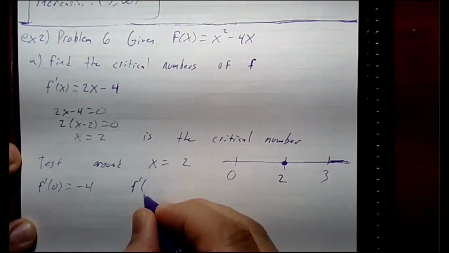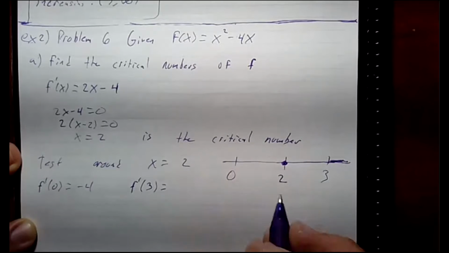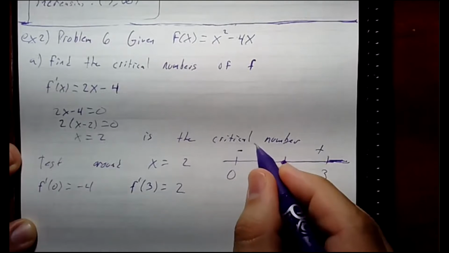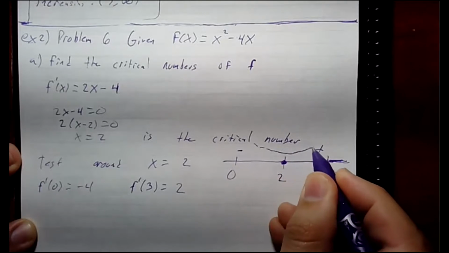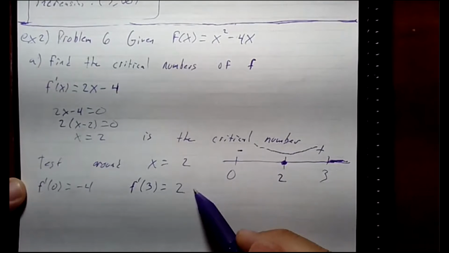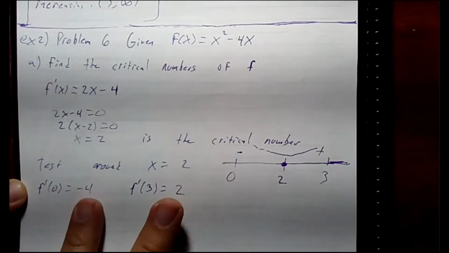The derivative at 3 is positive. Negative, positive: decreasing, and then increasing. I didn't show the work here. You guys see where these numbers came from, or how this happened?